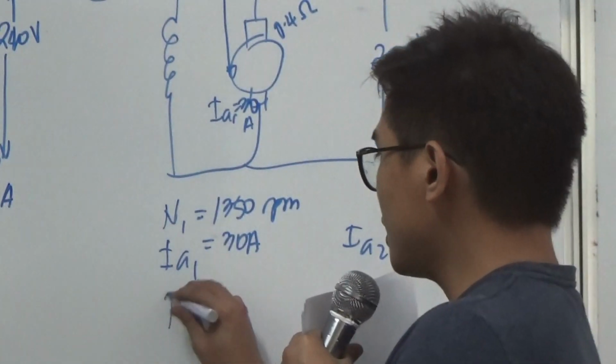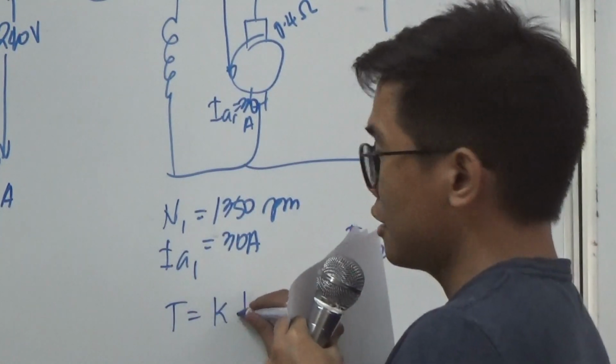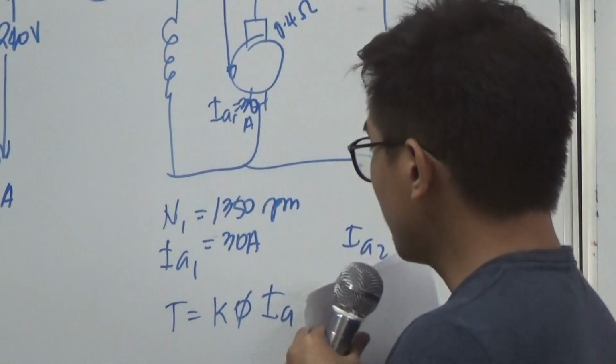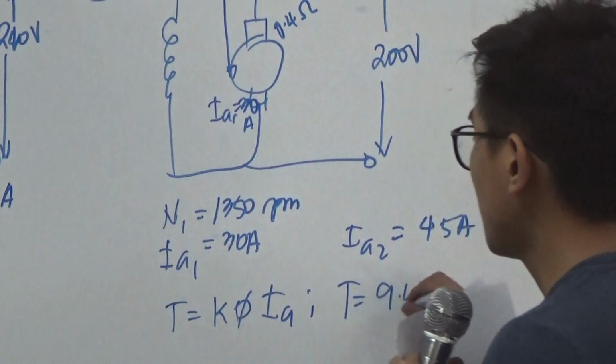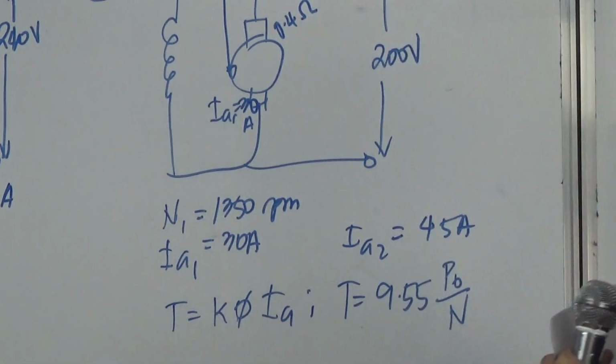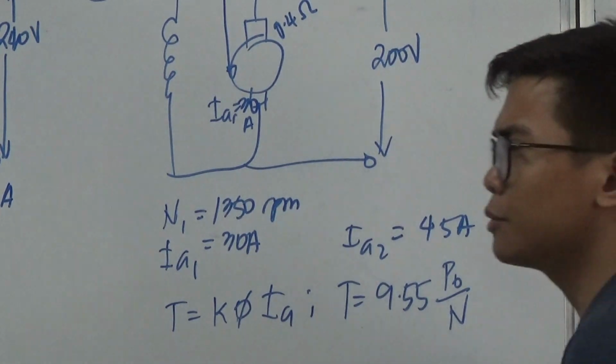So formulas natin, T is equals to K flux IA. Pwede din P is equals to 9.55 P out over N. Kasi sabi may torque, no?